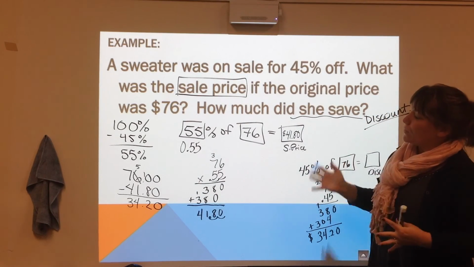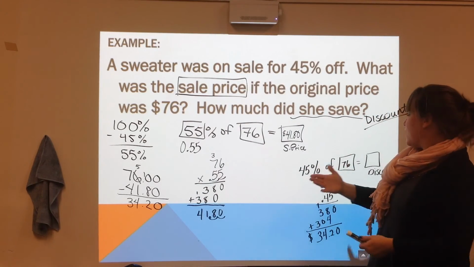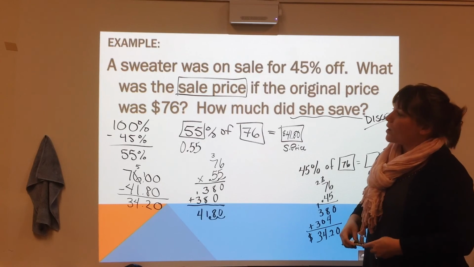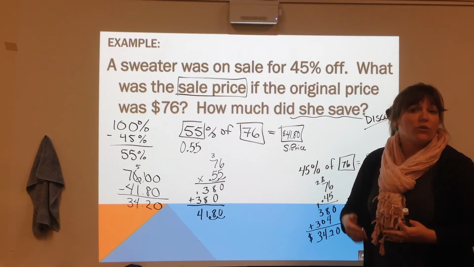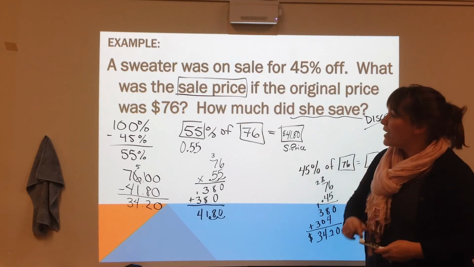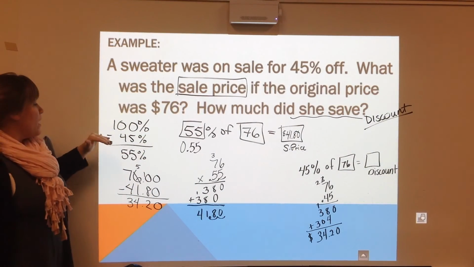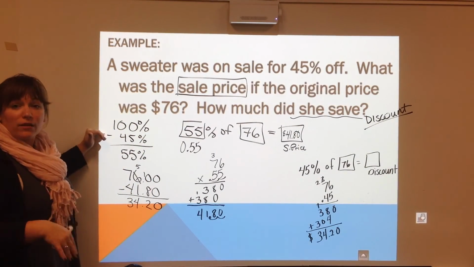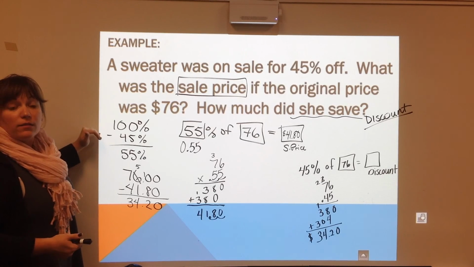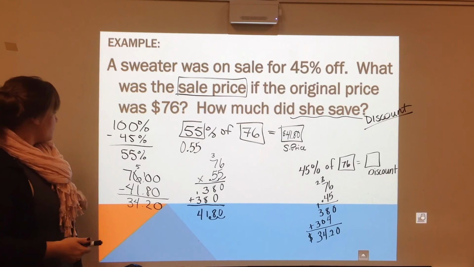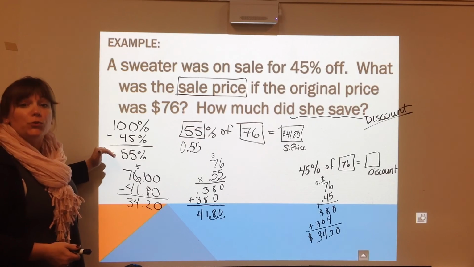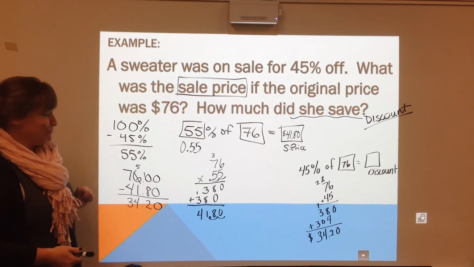So at some point you might have to subtract, and I'm using the skeleton to help me find discount or sale price. Just remember that trick. 100% of it is full price, and then you would have to subtract the discount rate to find out what rate you would pay on that item.